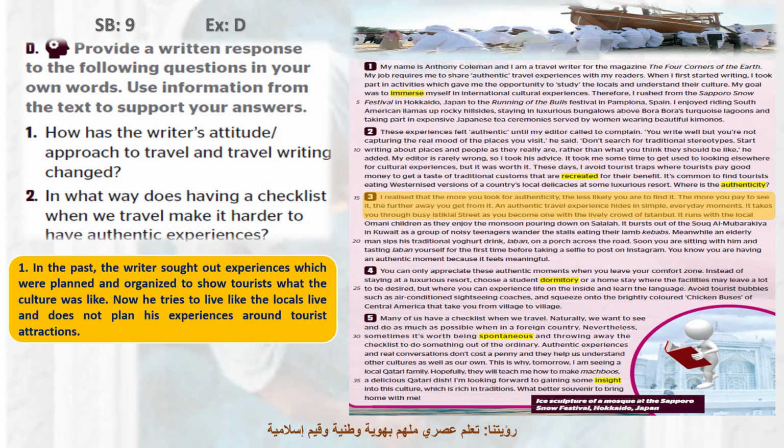But now, he tries to live like the locals live and does not plan his experiences around tourist attractions. This was the first part of the answer. And in the second part of the answer, we should write the evidence, which is the highlighted portion of the text.